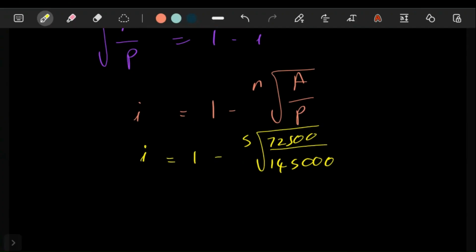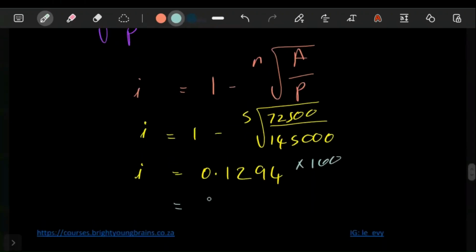Because you're going to eventually round it off to 2 decimal places, you can normally round this off to like 4 first. So this is going to be 0.1294, and then when you multiply by 100, you're going to have 12.94%. There we go. So that's your interest rate.